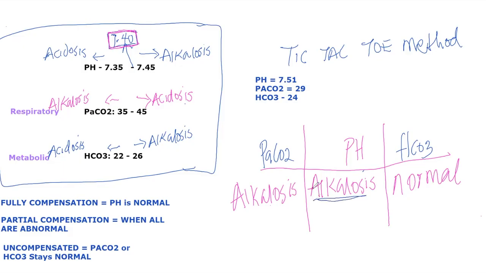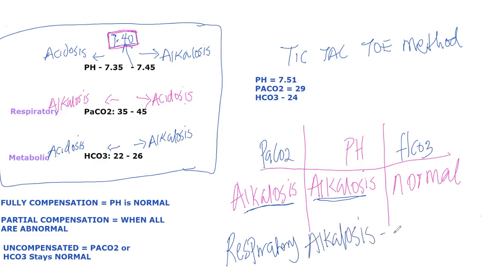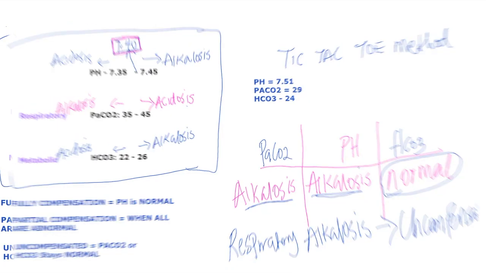The one that matches my pH is my respiratory once again. So yes, I have another respiratory alkalosis situation. But what kind of compensation do I have going on? Because my HCO3 remained normal, it did not budge and try to help us to compensate, we have an uncompensated respiratory alkalosis.